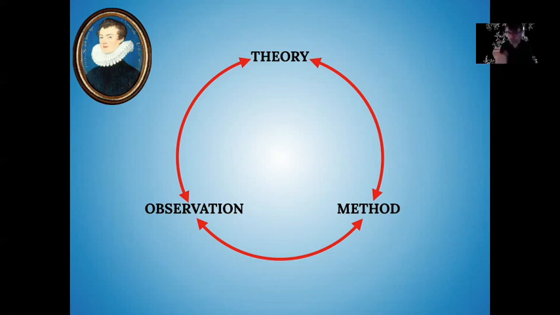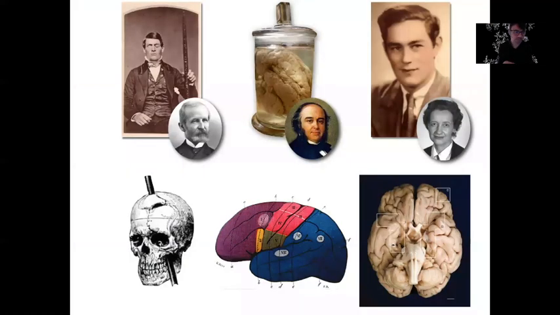In the previous course, I exposed to you the case of Phineas Gage, who had a radical change of personality after the passage of a metallic bar through his frontal lobe. The case of Tan, who was not able to speak anymore after the damage of the inferior part of his frontal lobe.